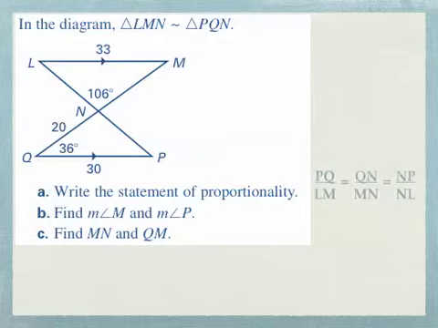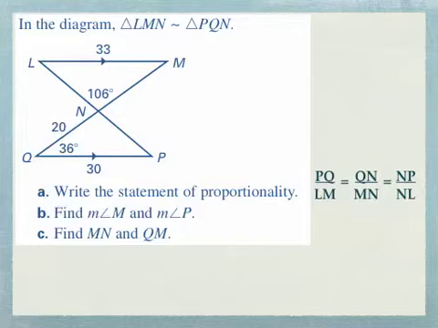So we can go ahead and write that statement of proportionality like so, noticing that corresponding sides are making up the ratios. My smaller triangle, the QPN triangle, is on the top all the way across, and my LMN triangle is on the bottom all the way across of my proportion that I've just written.